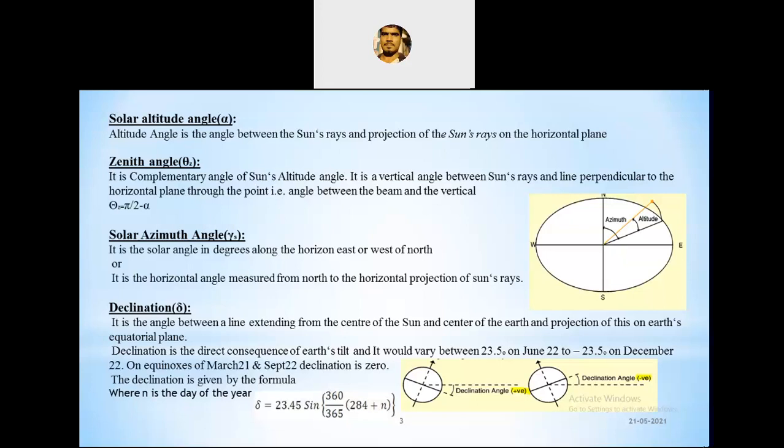It means a particular day in the year, such as June 22, July 23, or January 23. You can observe this angle in the figure: declination angle is positive or negative with respect to the sun center and the earth center.